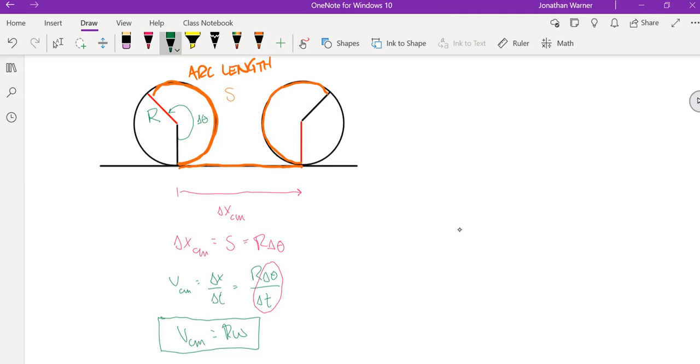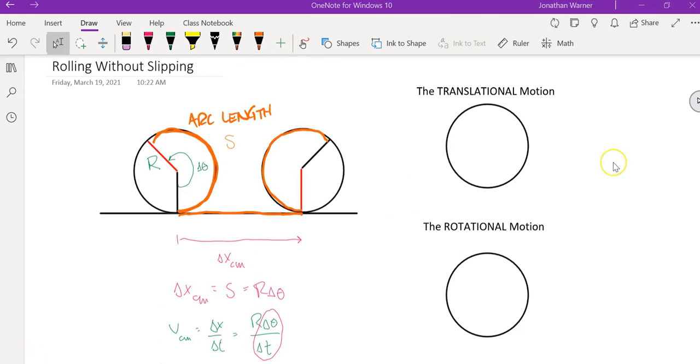Now we can also say, as this thing rolls, there are really two kinds of motion that happen. One, as we said, the object translates. It moves from one place to another.